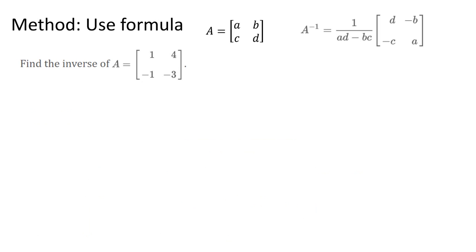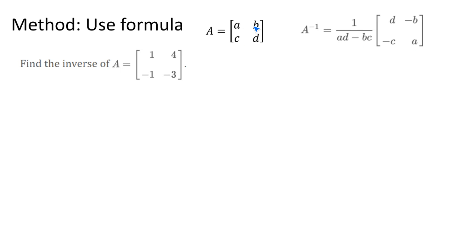So our third method, which I think most people find to be easier, is going to be using a formula. So here in the formula, you're given a matrix, and notice that the elements are A, B, C, D. And so for the inverse, we're going to say 1 divided by, we're going to multiply A times D and then subtract from that B times C. So A times D minus B times C. And then inside of the matrix, we're going to switch A and D. So notice now I have D up here, and then I have A. For B and C, we're going to switch the sign.